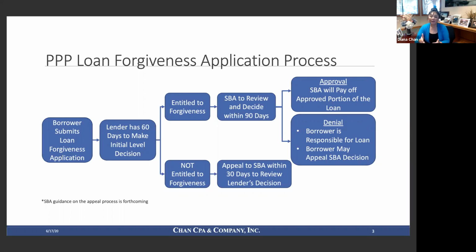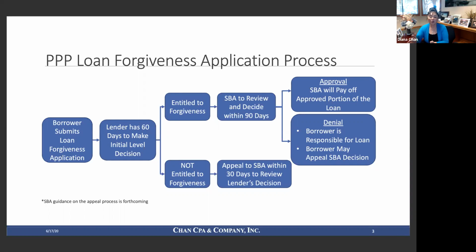Number two, the lender has 60 days to make the initial level decision. If the lender approves the initial level decision and indicates that it is entitled for forgiveness, it will send it to the SBA to review and decide within 90 days. And by it, I mean the application form.